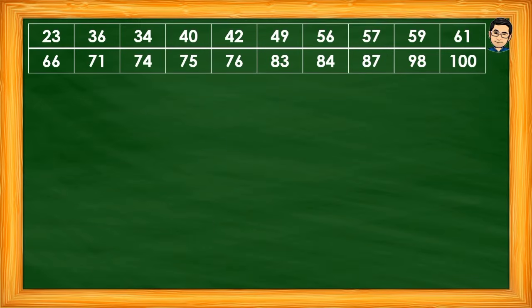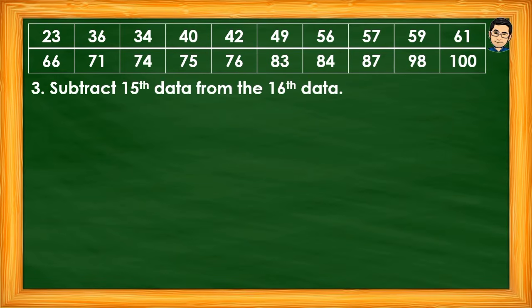So, ayan po ulit yung ating mga scores. So, for the next step, third step, subtract the 15th data from the 16th data. So, yung nakuha nating position for quartile 3 is 15.75, di ba? So, nasa pagitan po yun ng 15th and 16th data.